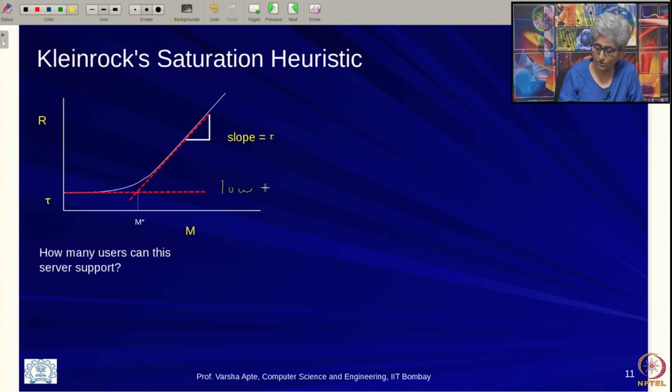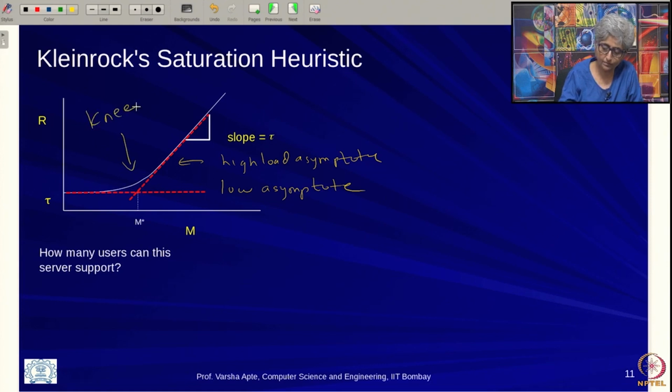This is the low load asymptote, just a flat line, and this is the high load asymptote. If you drag these two lines, the intersection point is a good indicator of where the response time is beginning to become linear, and therefore you should not go there. It seems to intersect at the correct point. This is also called the knee of the curve.